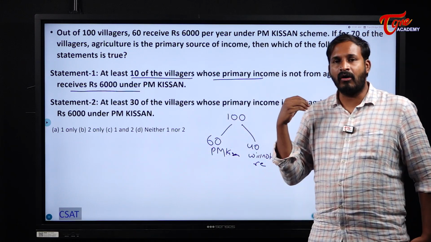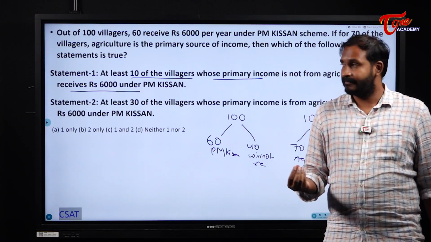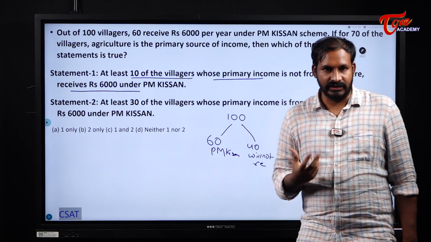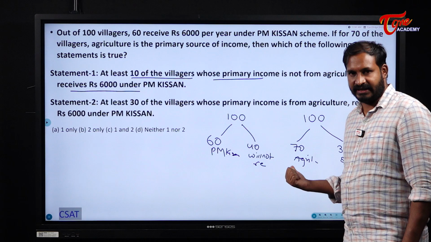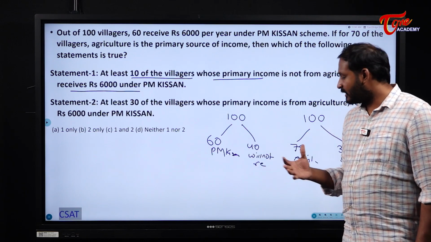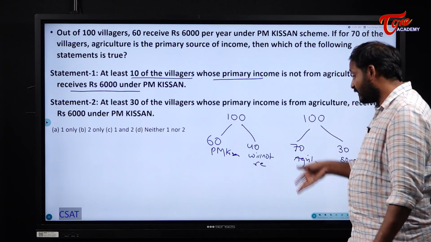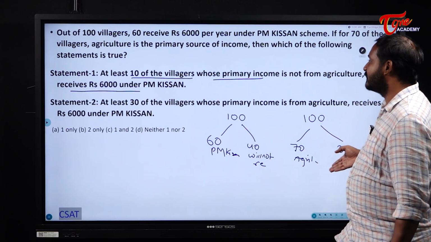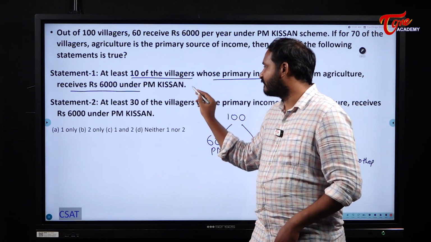Now, assume that all the villagers who are doing agriculture as a primary income are getting 6,000, for example. Now, total agricultural families are how many? 70. But PM Kisan was received by only 60 people, right? If I assume that all the agricultural families got PM Kisan, still 10 of the agricultural families are not covered. So is there any chance for the others to get it? Whose primary income is not agriculture? No, there is no chance for this one, the first statement.